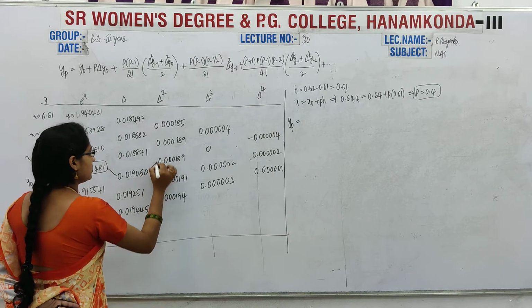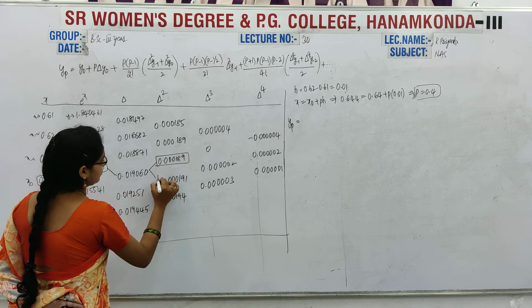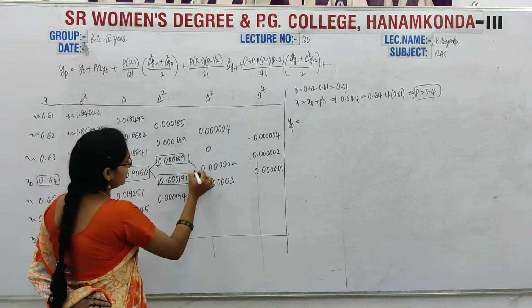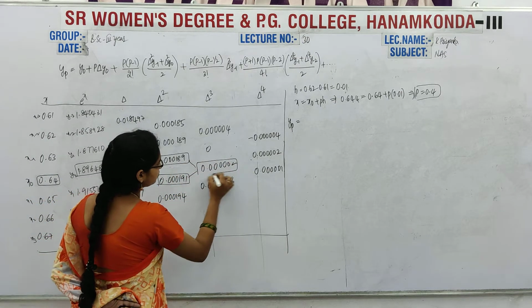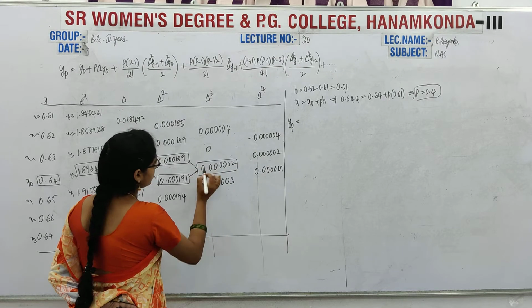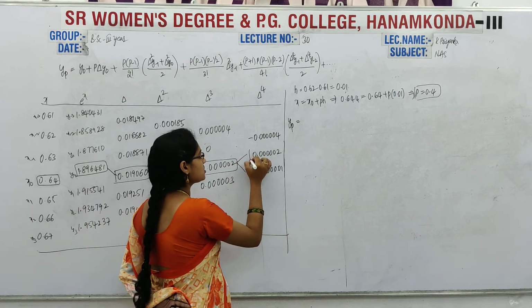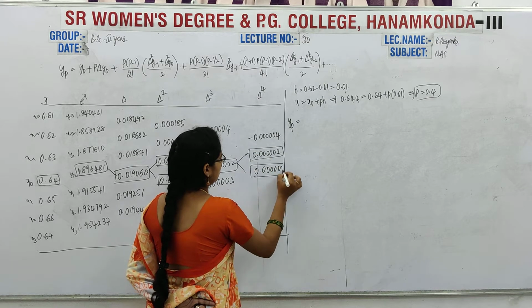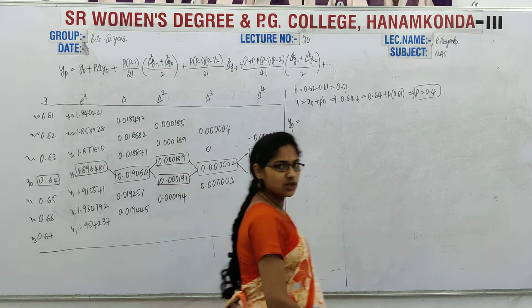Next two values, next again only one value, next again two values. Like this we have to proceed.